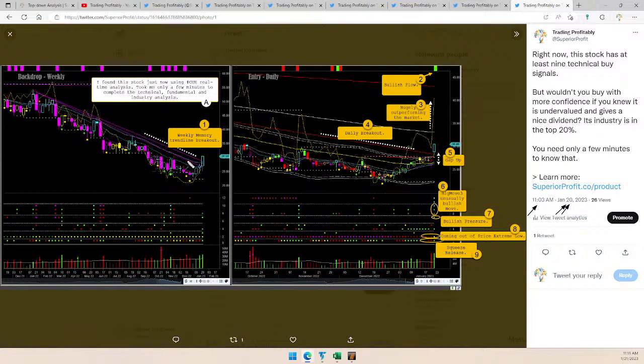What kind of stocks? Let's study the chart. It was breaking out of trendline resistance in weekly. It was breaking out of trendline resistance in daily with a bullish flow. Relative performance showed it was hugely outperforming the market.